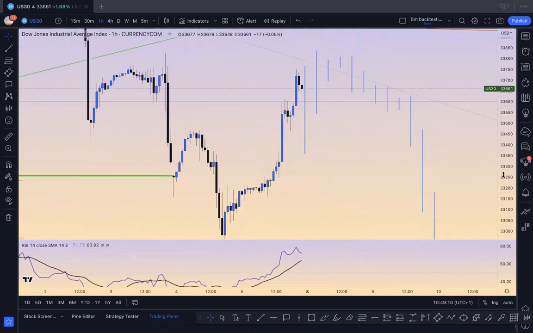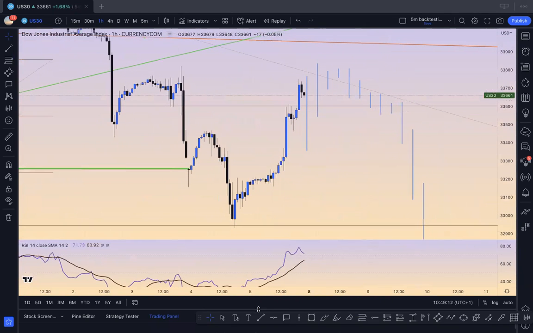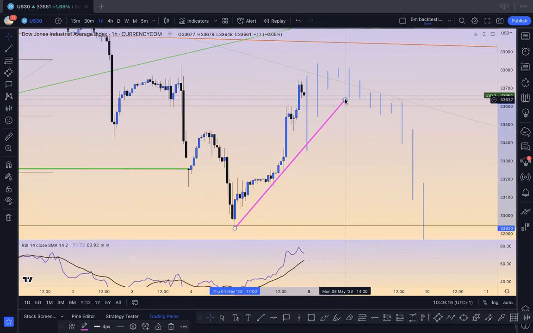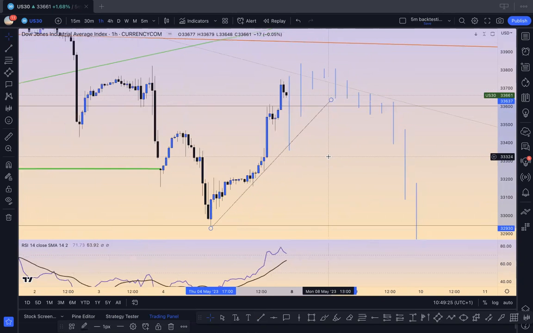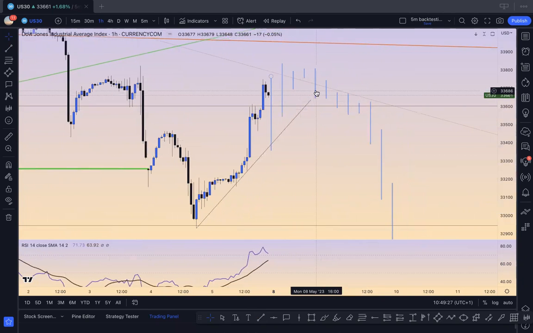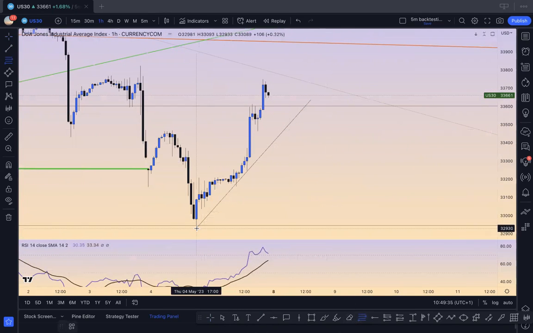So for Monday, I will be looking for it to first of all come back to the trend line. I wanted it to finish its fib.